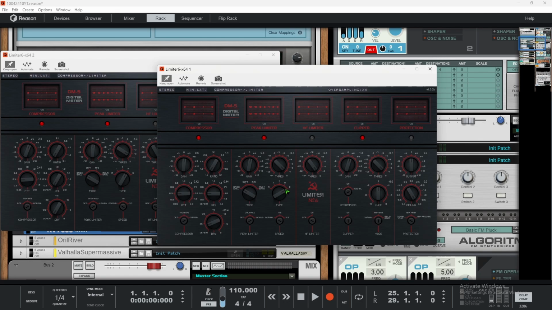It's still brick wall compression, but it reacts at different moments. It doesn't react the same way. It's more natural, more old school.